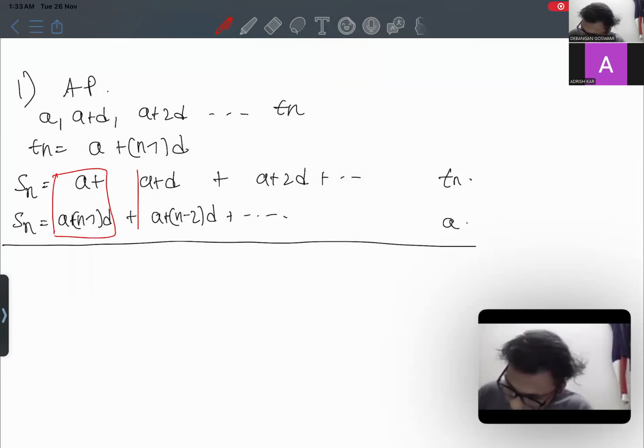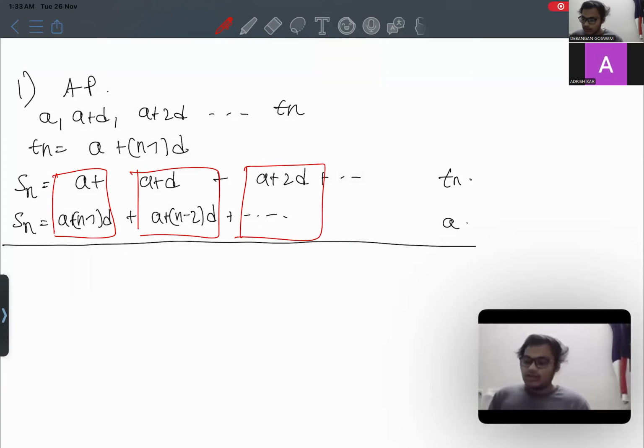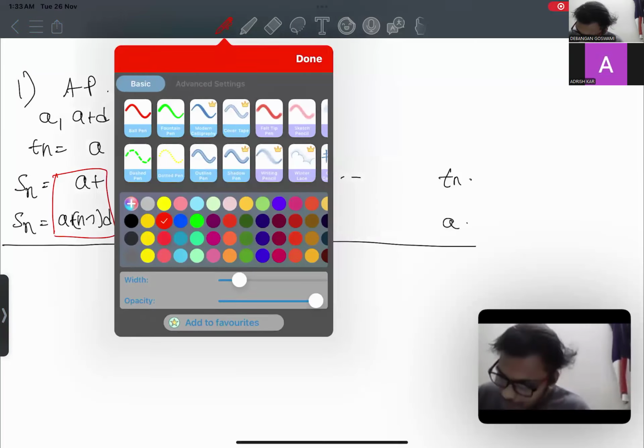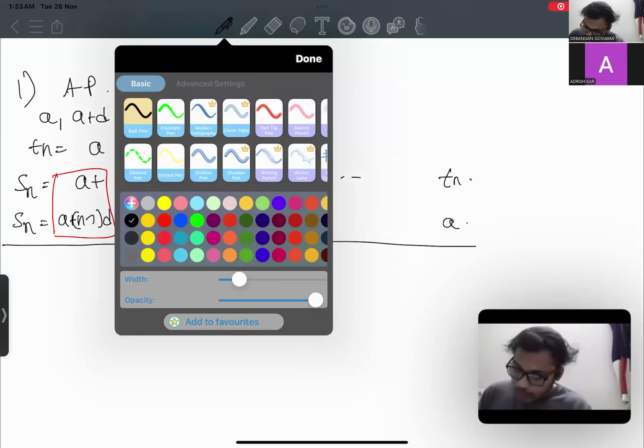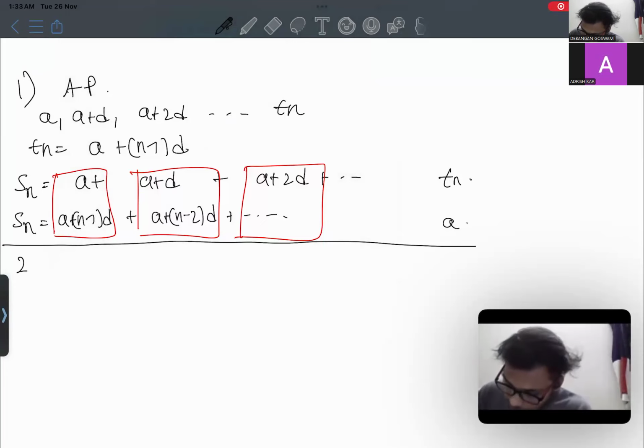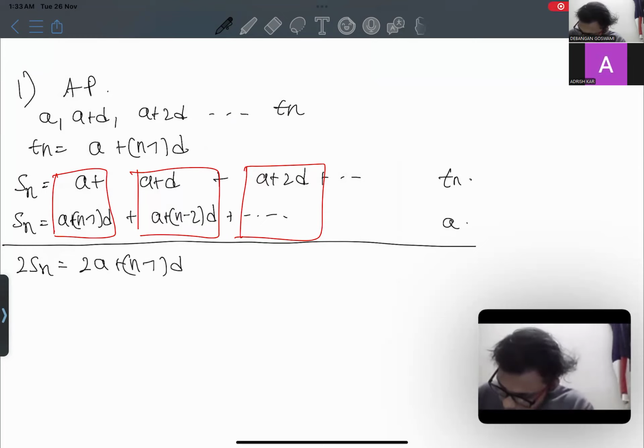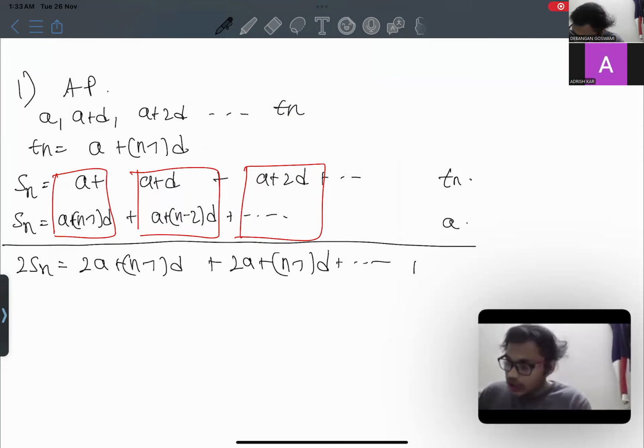We'll now add these terms like this. So we'll add n terms like this, and we'll obtain on the left hand side 2Sn, which is equal to (2A plus (n minus 1)D). Again, (2A plus (n minus 1)D). Like this, the pattern will continue for n terms.